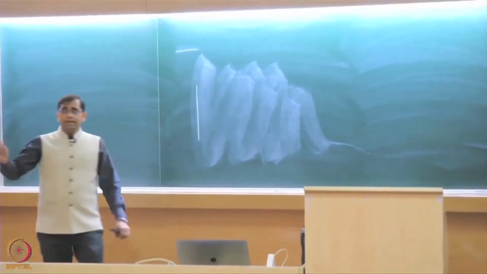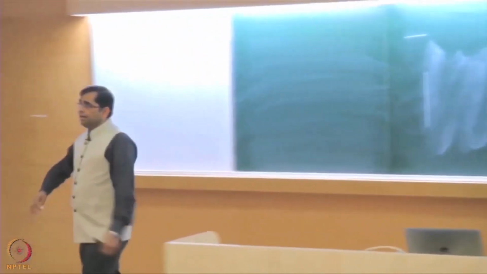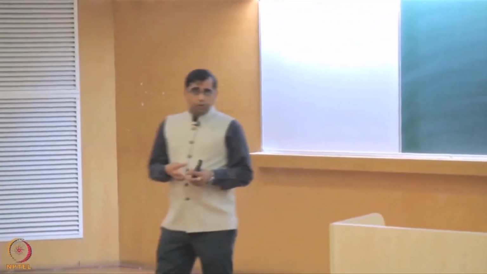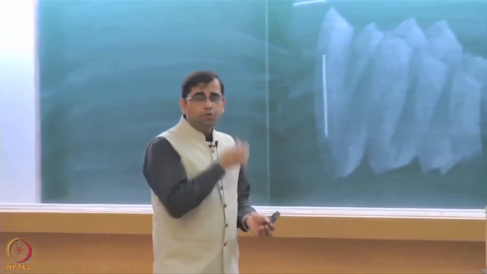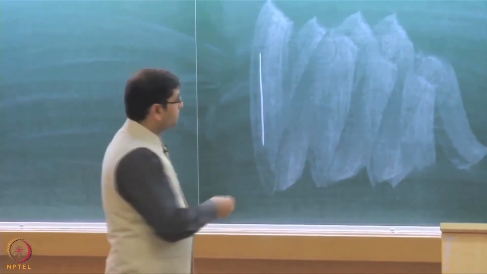By the way, in genetics, it will be a good idea to open your own notebooks, and as we go along, there will be certain problems for you to also try out. It looks very easy, but when you do it, you'll be more confident.